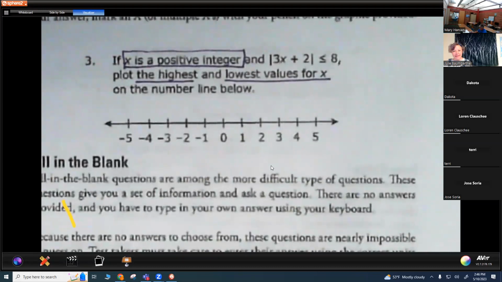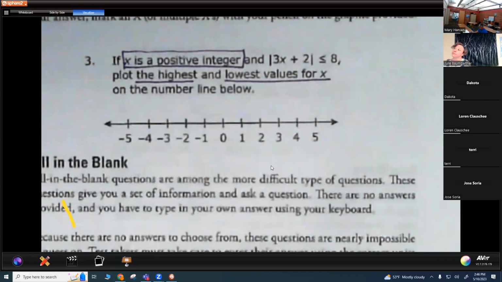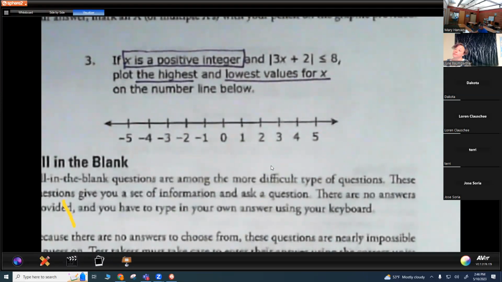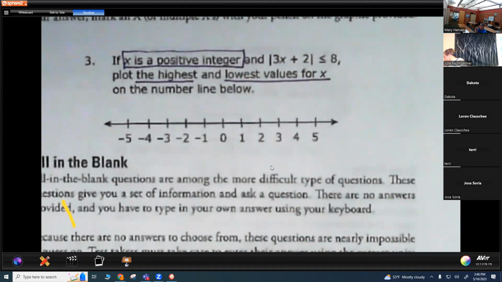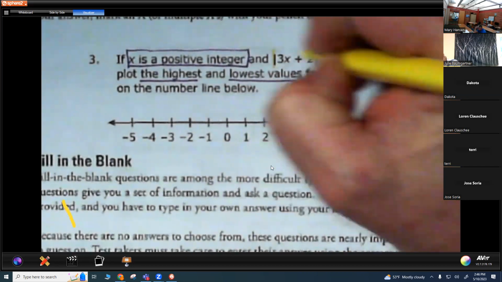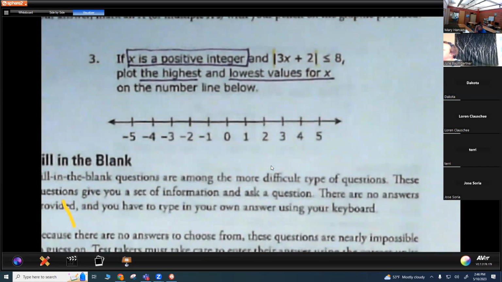Any thoughts on this one? So does anyone know what these bars are about?